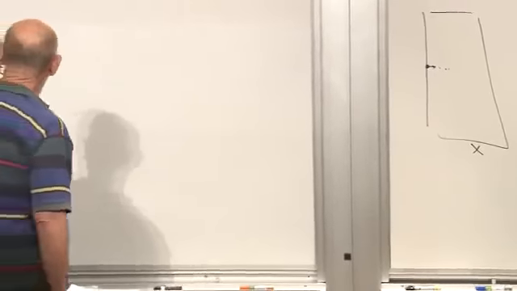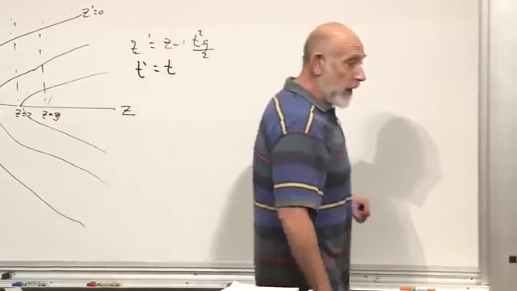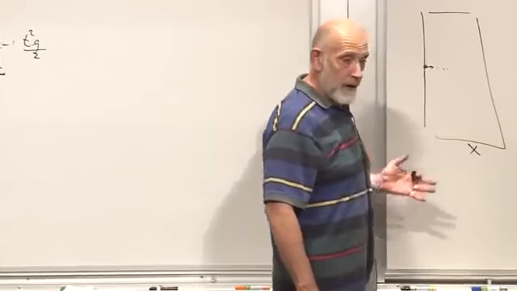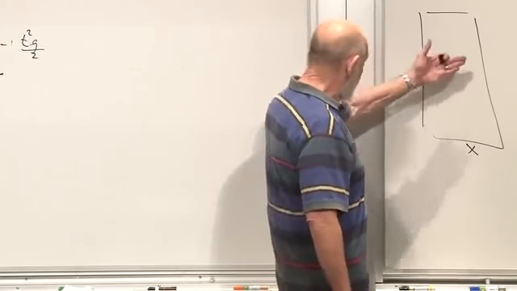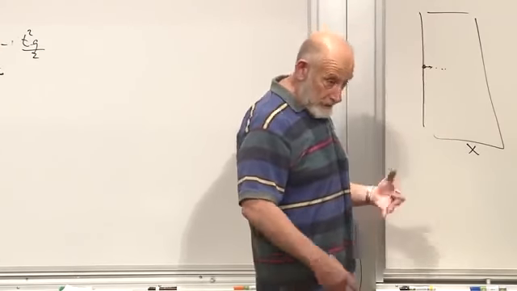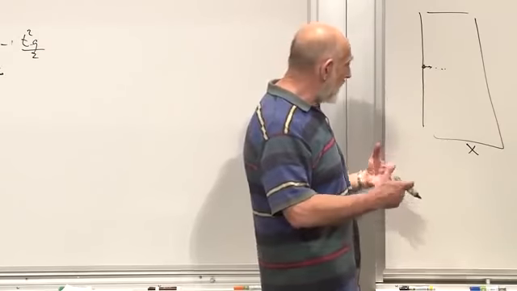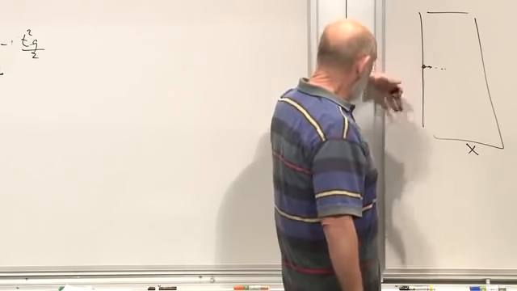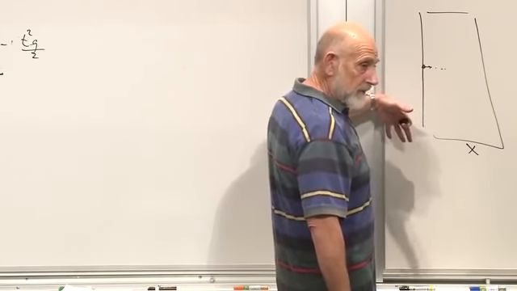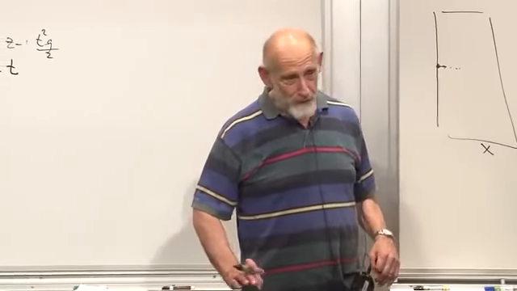Now, in the unprimed frame of reference, we know how the light wave moves. Or at least Einstein said, in the frame of reference without any gravity, because there is gravity on the surface of the Earth. What am I talking about?